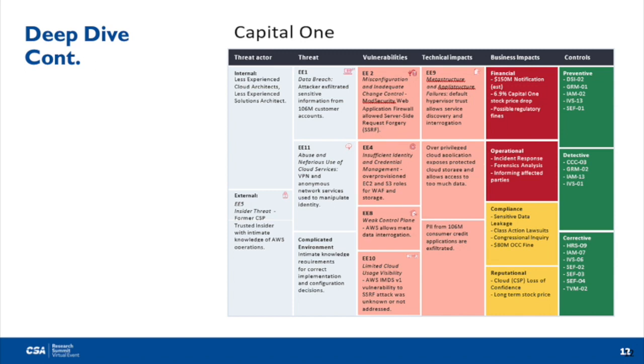So misconfiguration and inadequate change control. And we want to map those back to preventive controls because those are going to be your initial ones. And then you want to focus on how to detect. And then you obviously want to scan your system, take a look at any findings, and correct those.